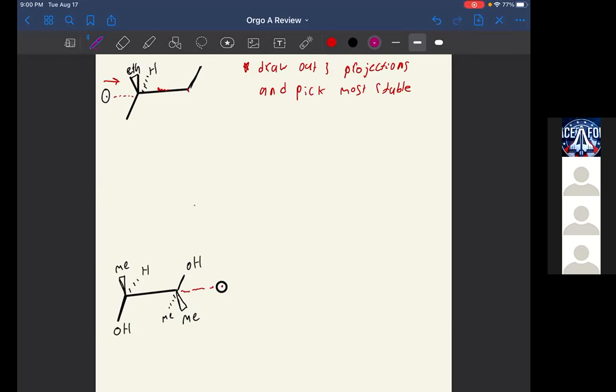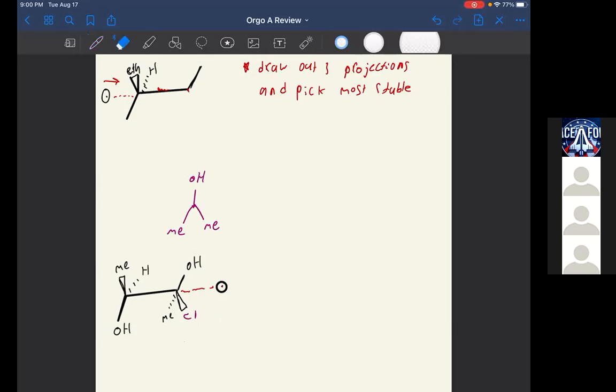So same thing though. When you draw this, you have OH up. However, methyl is not going to be going to the right anymore. But well, I guess it is because there's two methyls. So this would be methyl and this would be methyl. But instead, I'm going to make this fluorine just so you guys see what I mean by that real quick.